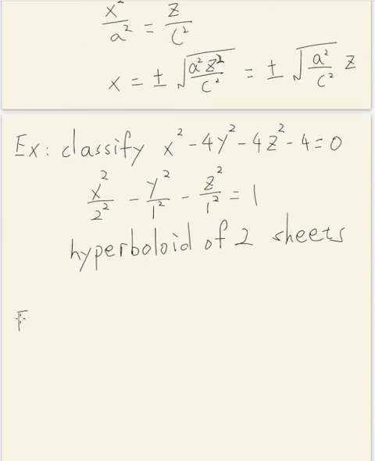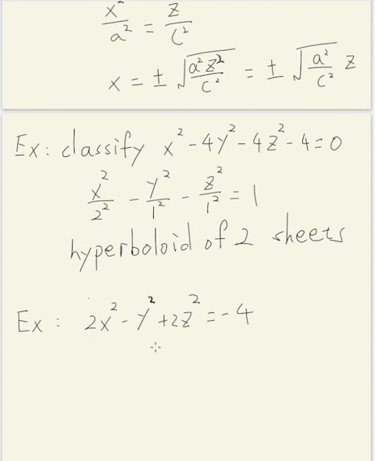All right, let's try another one. 2x squared minus y squared plus 2z squared equals minus 4. Now, once again, we divide the entire equation by the largest coefficient, which is negative 4 here, or 4.